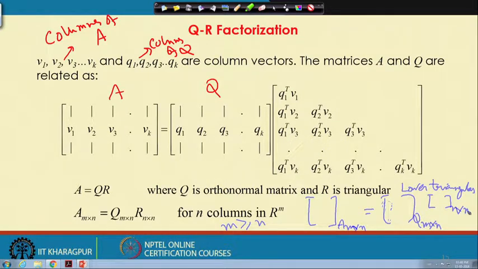R is a lower triangular matrix, and a triangular matrix must also be a square matrix. So A is a rectangular matrix obtained as another rectangular matrix Q into a square lower triangular matrix R.